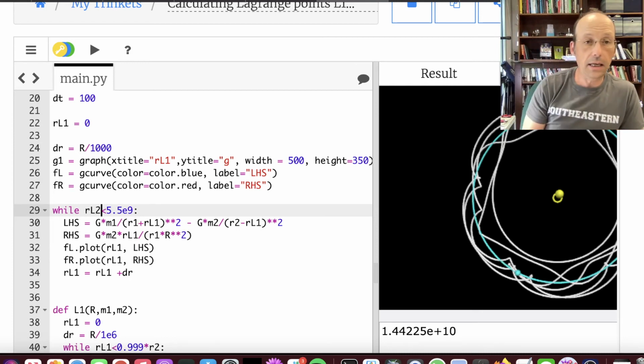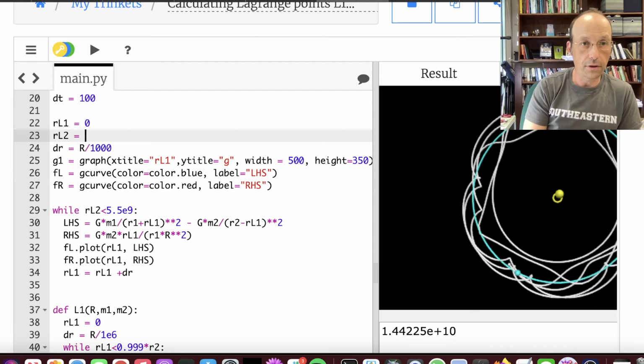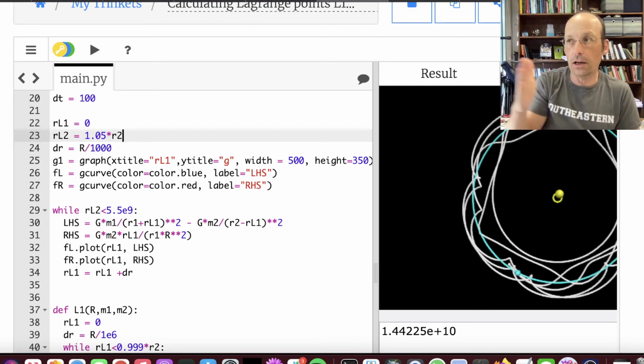So let's say the starting value for RL2 is equal to, and I'm just guessing here, 1.05 times R2. So I'm not starting at R2, it's a little bit past that, and then I can start increasing it until I get to what I want.